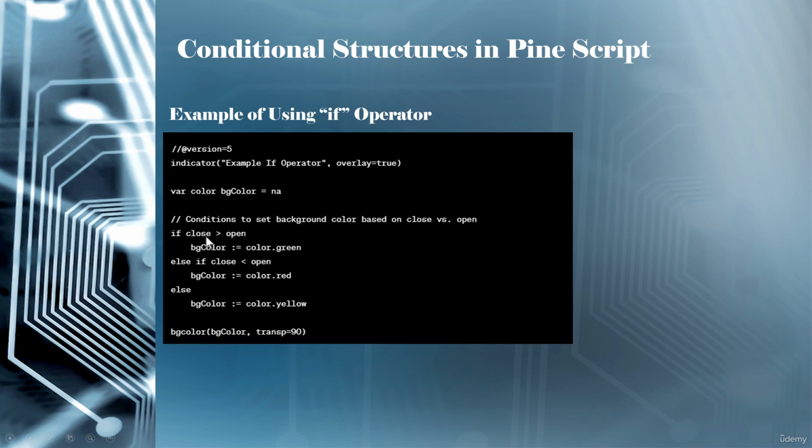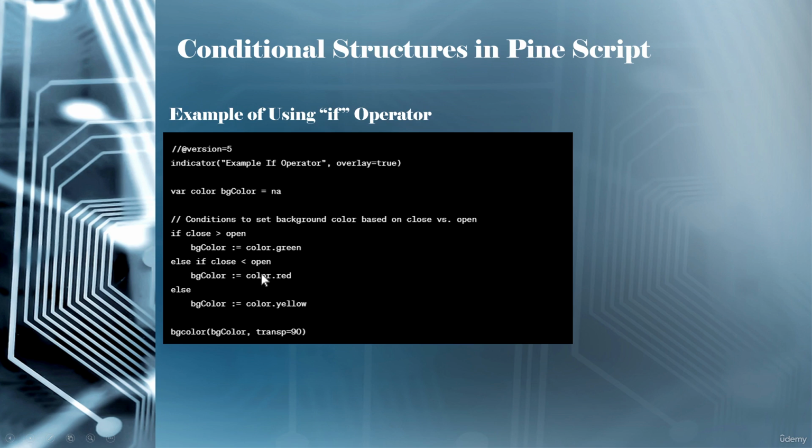If close is not bigger than open, then the second condition will be checked in the else if statement. If close is less than open, then the background color variable will be assigned the red color.